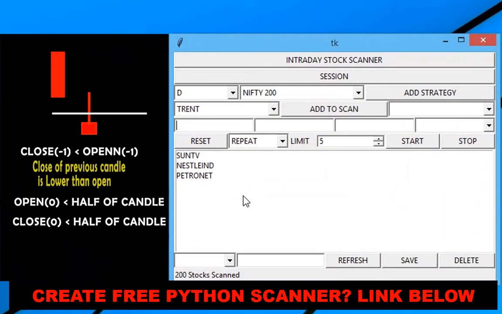Next, we're gonna scan stocks which are making inverse hammer. As we have already done in previous scan, we are adding close of -1 is lower than open of -1.